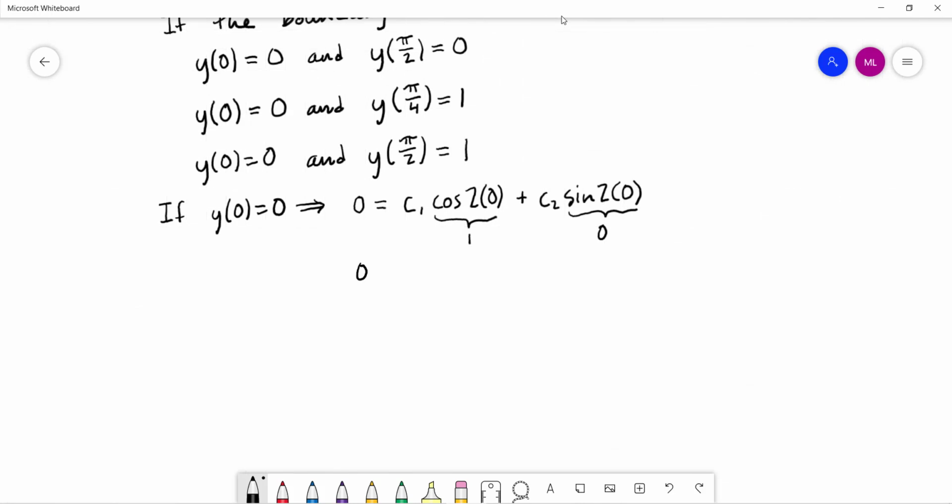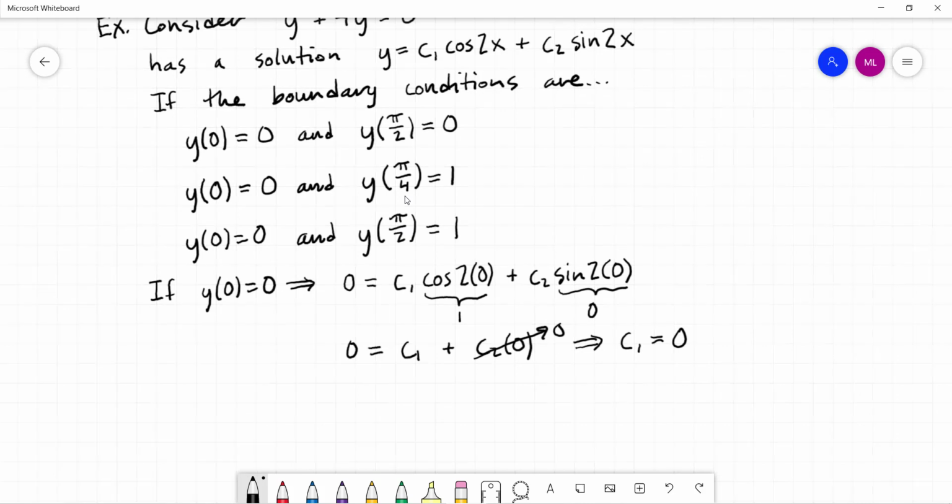So my equation becomes 0 equals c1 plus c2 times 0. But this term is gone. So what does it tell me? It tells me that c1 has to be equal to 0. So basically, by plugging in this first condition over here, we've eliminated one of the 2 terms.